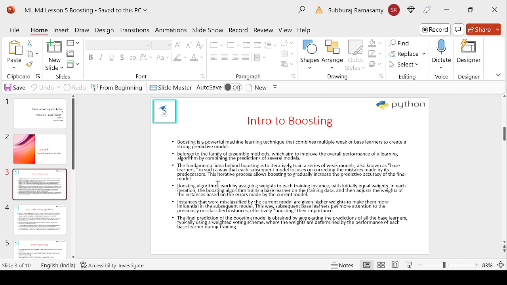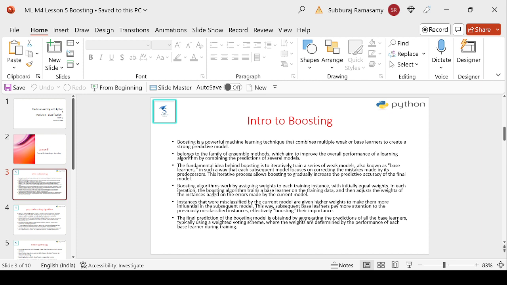Boosting algorithms work by assigning weights to each training instance, with initially equal weights. In each iteration, the boosting algorithm trains the base learner on the training data and then adjusts the weights of the instances based on the errors.